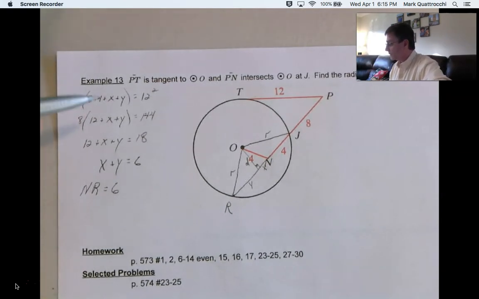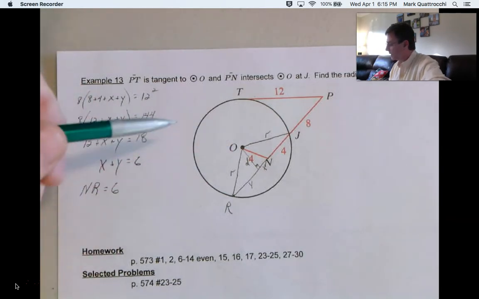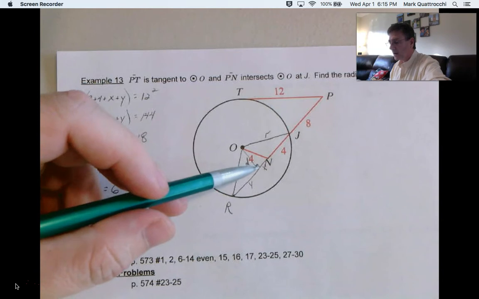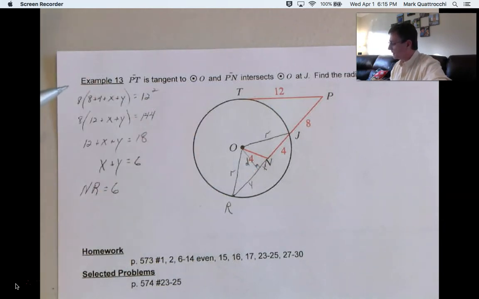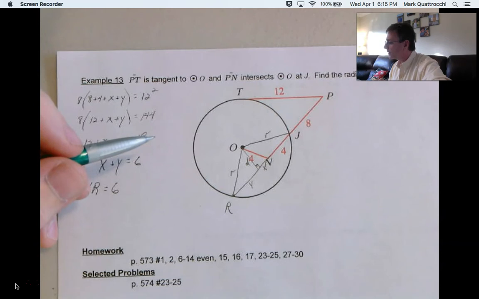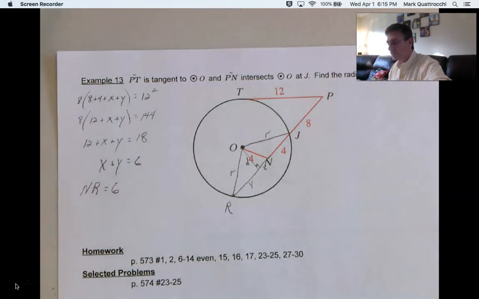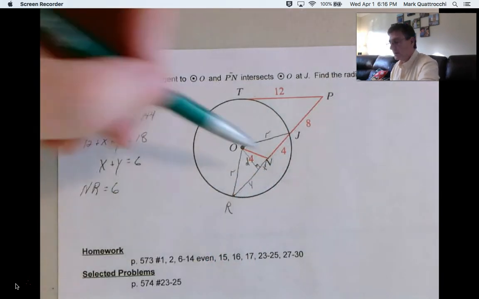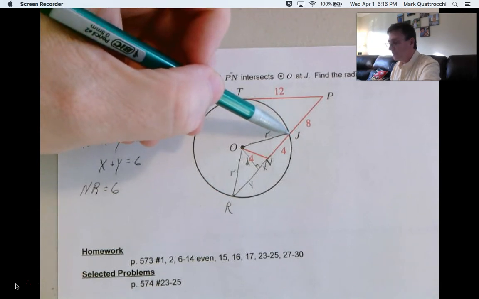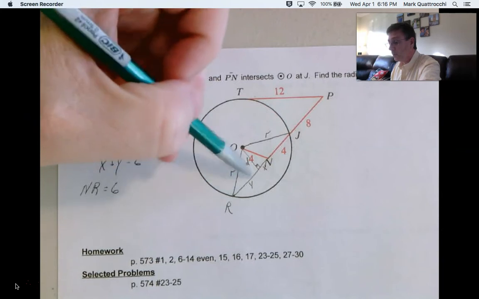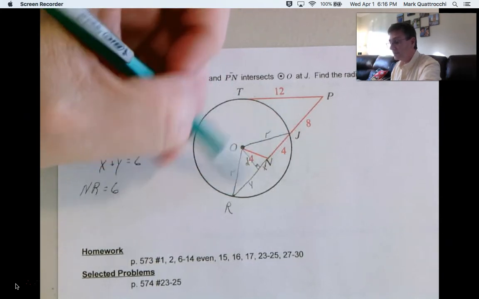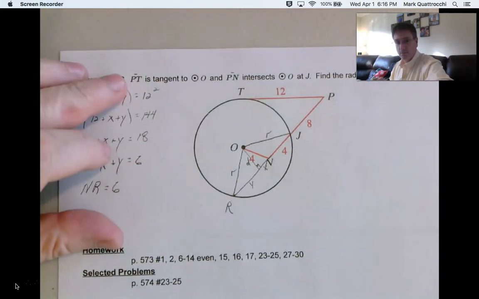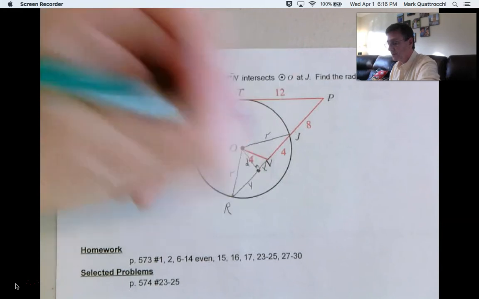Well, here's JR. Because this is perpendicular to JR, then from R to here, or Y, is equal to half of JR. To this point here, we don't have a name for that point.